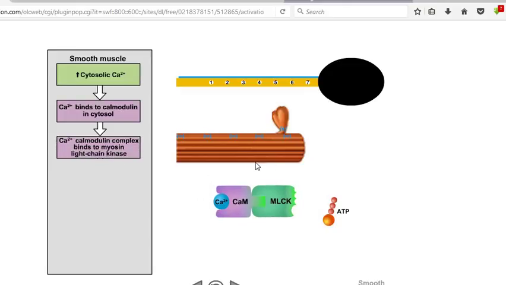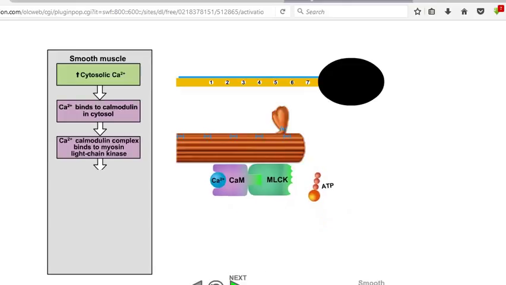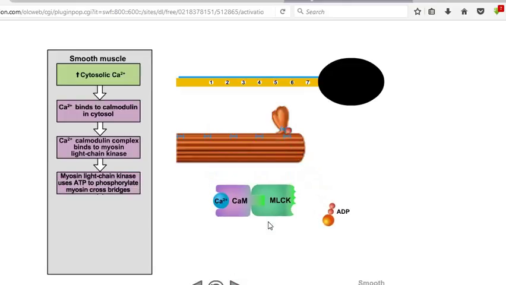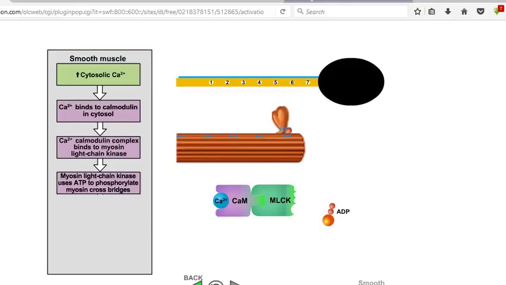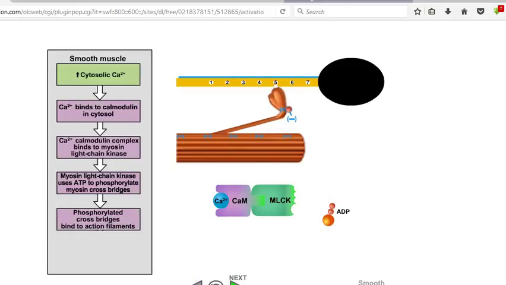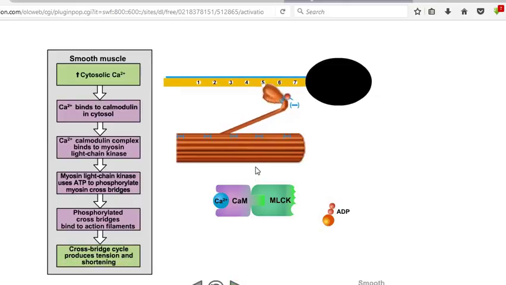The process shown in the animation, the activation of myosin light chain kinase, will not occur, and when myosin light chain kinase is not activated, it will not phosphorylate myosin light chain, right? This process, phosphorylation of myosin light chain, will not occur, and as phosphorylation will not occur, the phosphorylated myosin light chain, which here you can see interacts with actin, will not interact with actin, and this power stroke will not occur.